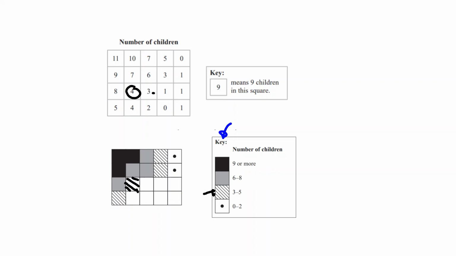Value of 3, again, dashed lines. A value of 1, well, that's just a dot in the middle. A value of 1, a dot in the middle, and hashed lines. So you can be asked to fill in this sort of choropleth mapping.